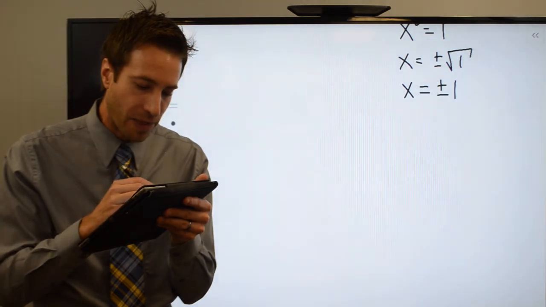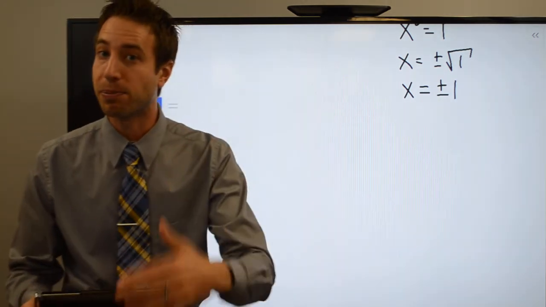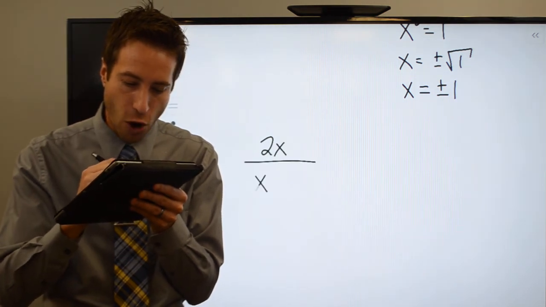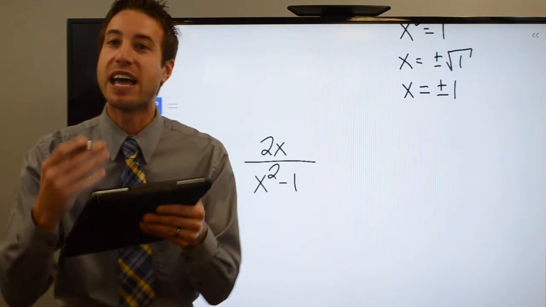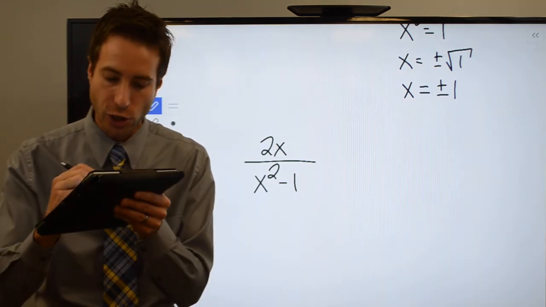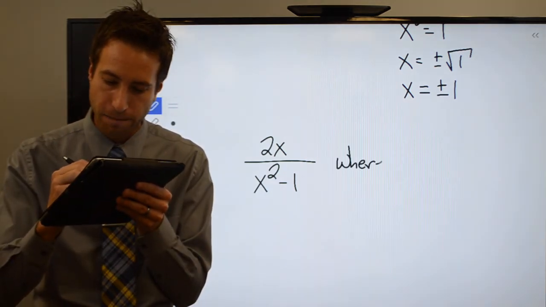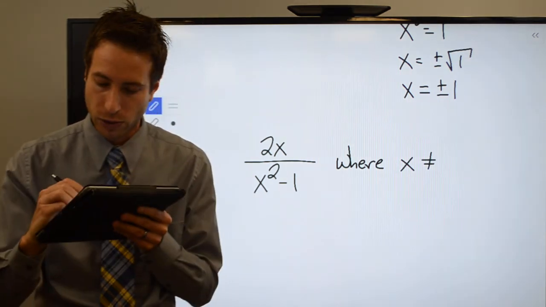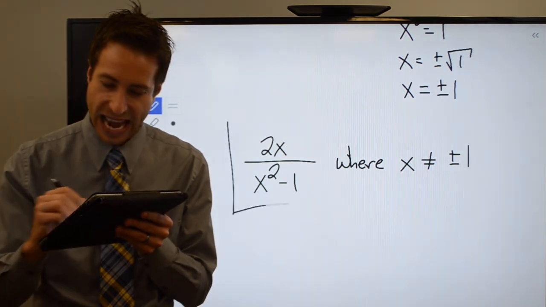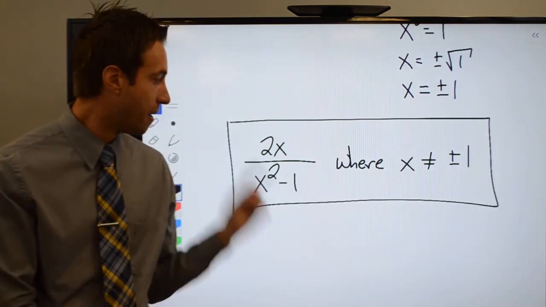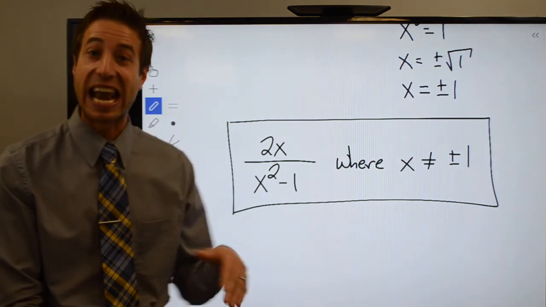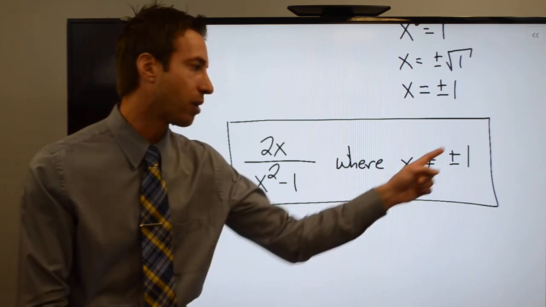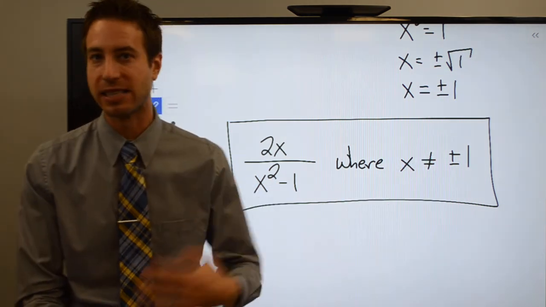So every time for these particular problems, when you're simplifying a rational expression, you will give me the simplified form 2x over x squared minus 1, and then you'll have to tell me the restricted domain by simply putting where x cannot be equal to plus or minus 1. And now I know this is my simplified expression, and I can plug in any value of x I want except a plus 1 or a minus 1, because that gives me division by 0, and that is not okay.